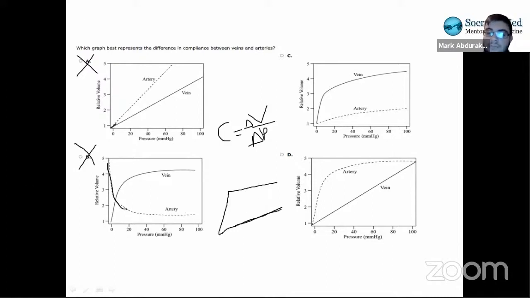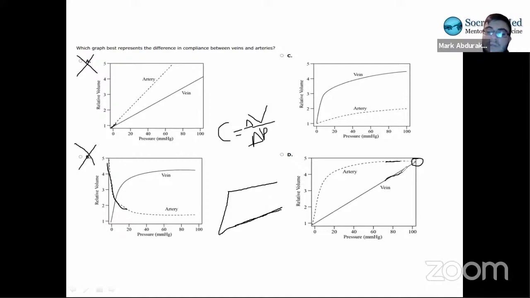As for D, it might seem like the right answer at first because at high pressure they even out physically. However, like I mentioned, compliance is the slope. The slope over here is very, very small. The slope here is just constant.